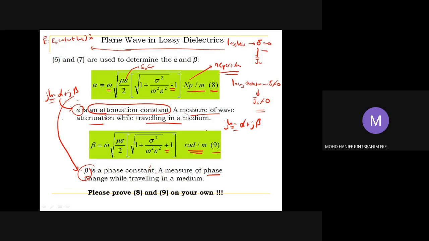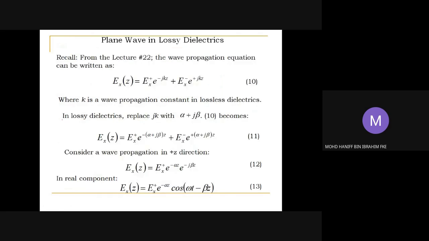All right. So now we're going to see how this particular alpha and beta will be reflected in your wave equation. So for this, we have to go back to this equation. I think I have discussed these equations in the first lecture just now, and also in the previous lecture on Thursday. Basically this is from the equations of wave.